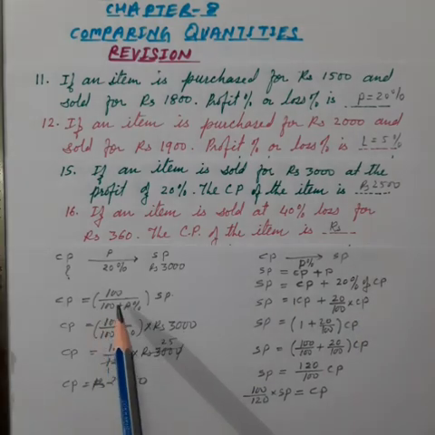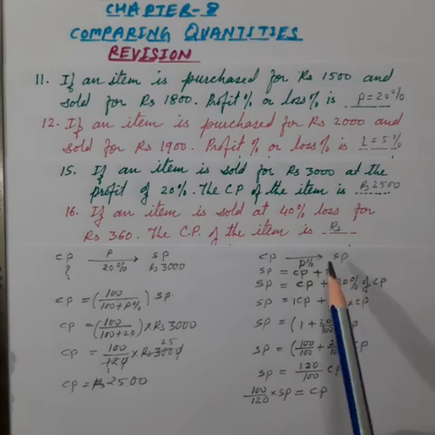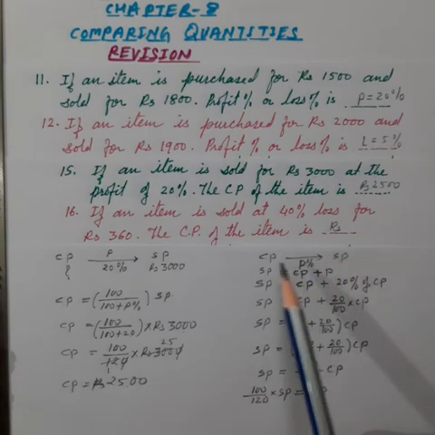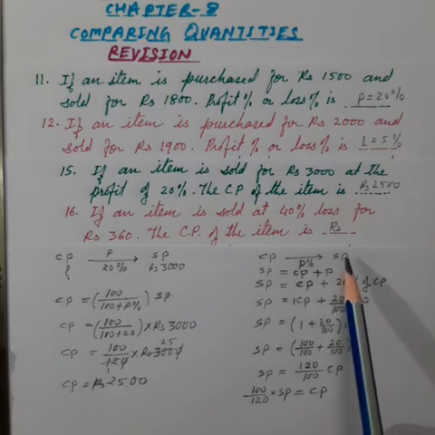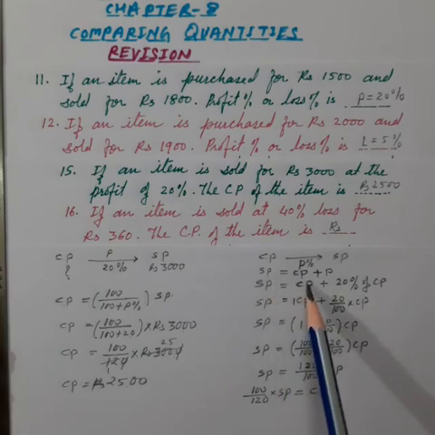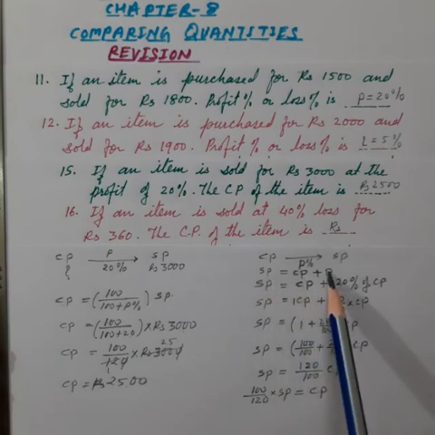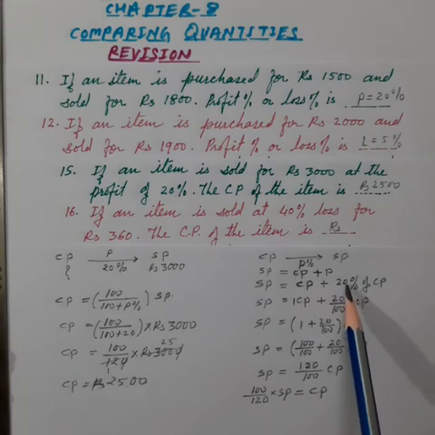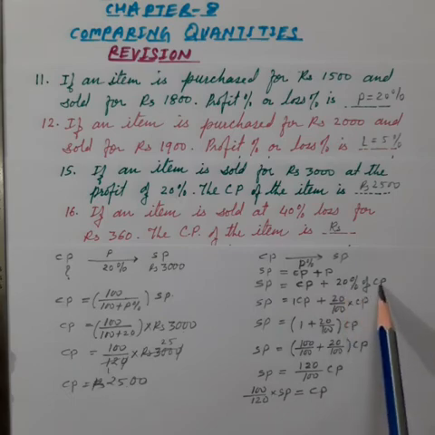If you don't remember this formula, you can calculate in this way also. When there is profit, selling price is greater than cost price. So to find selling price, we have to add profit in cost price. So selling price is equal to cost price plus profit. Here profit percent is given and profit percent is calculated always on cost price.